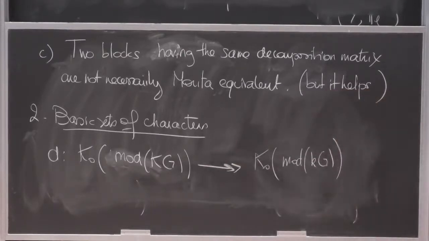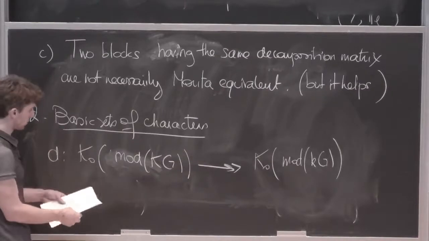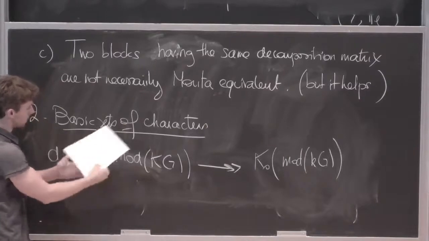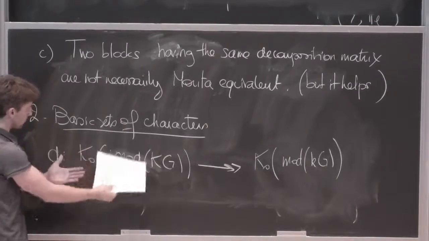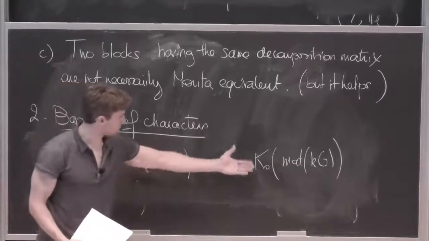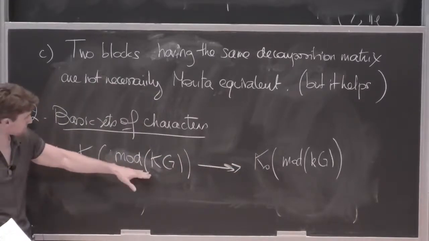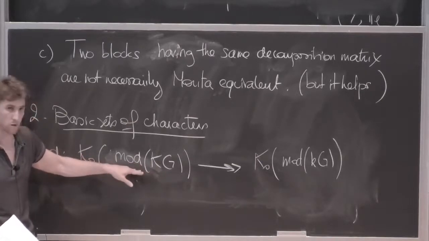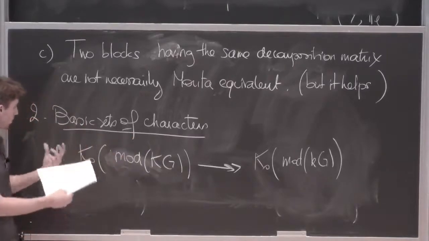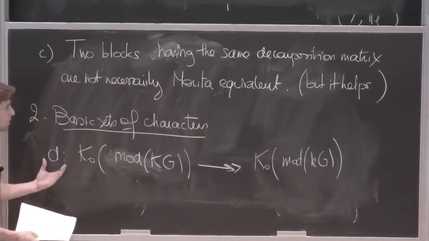Since it's surjective, you can ask the question: is there a set here so that D restricted to that set will induce an isomorphism, or a subspace so that it will induce an isomorphism? Here you have a natural basis given by irreducible characters, and you can ask whether there is a subset which will generate the image and also be free, so that D will be an isomorphism on it.